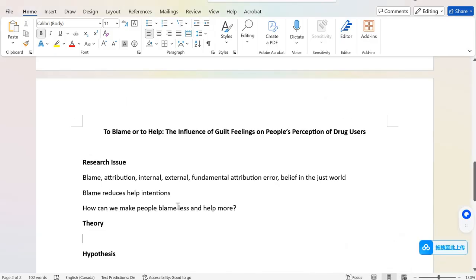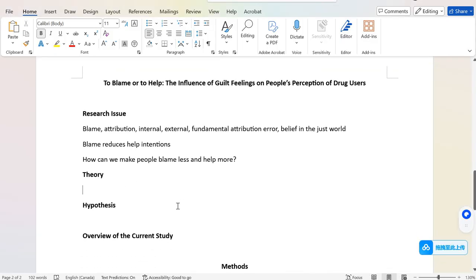We can formulate this idea into a theory statement. How do you phrase the theory?